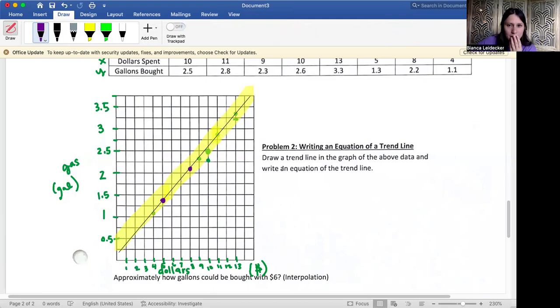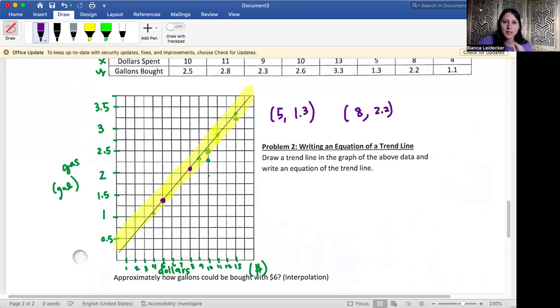So I have 5 and 1.3. And maybe this other purple point, which is 8 and 2.2.